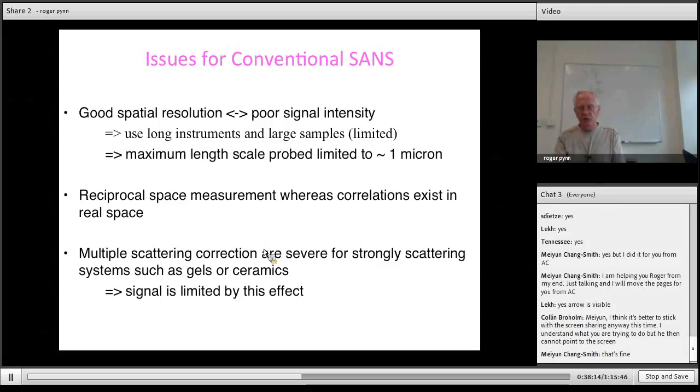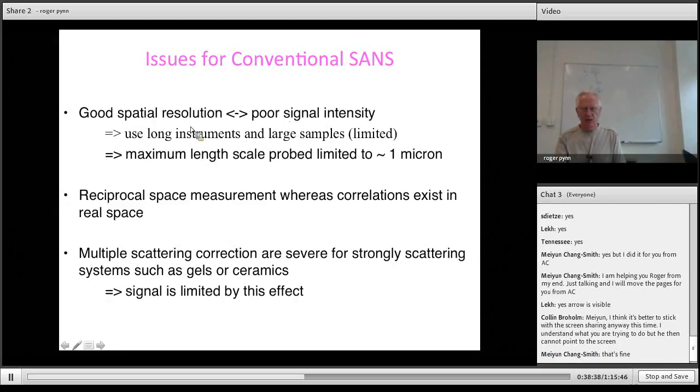And also, of course, what this means is that you start out with good resolution being correlated with poor signal intensity. So you might say, okay, let's put plenty of sample in the beam to get good signal intensity, and then we can afford the good resolution.